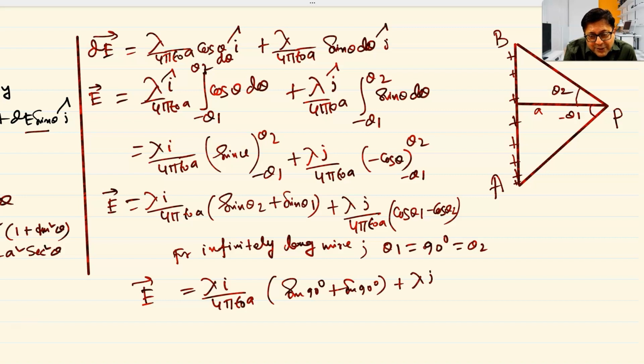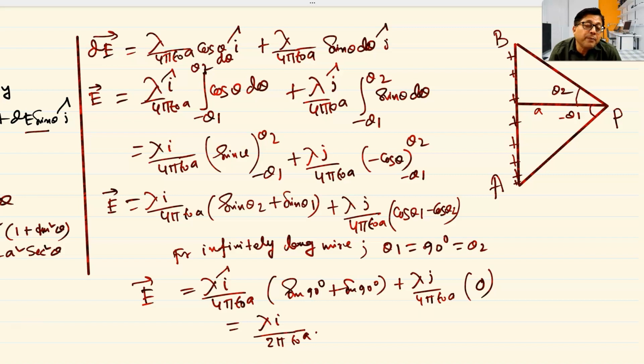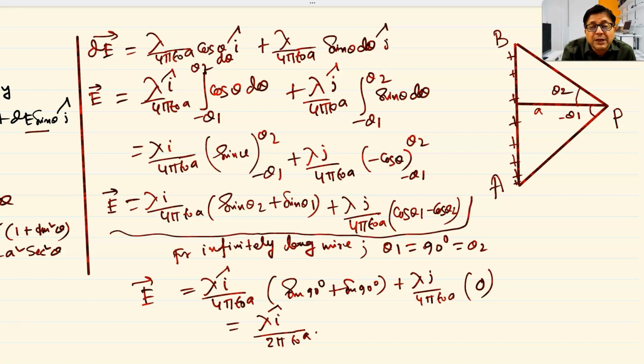And this part, lambda j by 4 pi epsilon-0 a times cos 90, so this part is 0. This is lambda i by 2 pi epsilon-0 a, with 1 plus 1 being 2. So the electric field at a point due to an infinitely long wire at a distance a from it is given by lambda i by 2 pi epsilon-0 a. See how nicely you can derive once we have an expression like this.